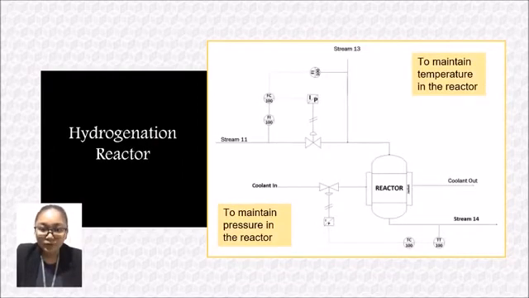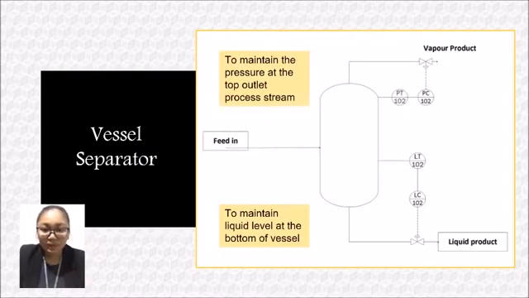For the hydrogenation reactor, it has the same function, which is to maintain the temperature and pressure in the reactor. For the vessel separator, the upper part is to maintain the pressure at the top outlet of the process stream, and the lower part is to maintain the liquid level at the bottom of the vessel.